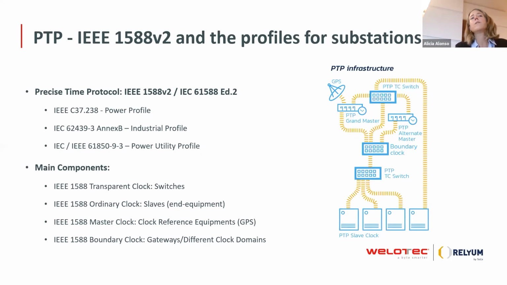So which are the main components of PTP? Well, we can find transparent clock mechanism, which is implemented normally in the switches and which is in charge of calculating the delay that is added by the switch when transmitting the time reference in the network. So what transparent clock does is to correct the reference taking into account that delay that I mentioned before.